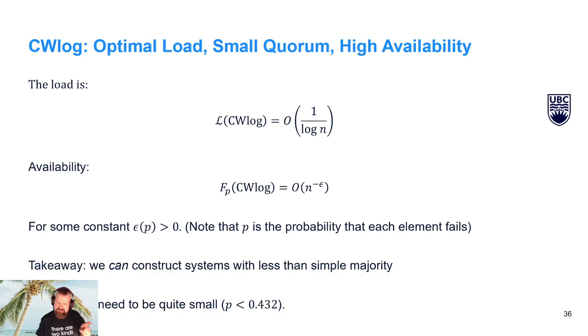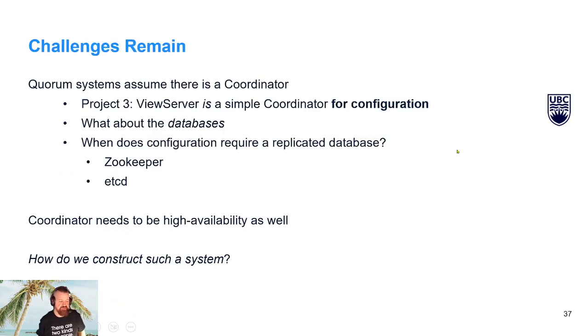Like I said, I'm not convinced that picture is right, actually, which I think is kind of interesting, but I'll leave that as an exercise to the reader for now. Okay, so the challenges do remain, and the key here is to keep in mind that we have kind of been implicitly assuming that there's some sort of a coordinator for this activity. In Gifford's work, there was an underlying assumption that we have a transactional system that allows us to do consistent updates across our replicas.